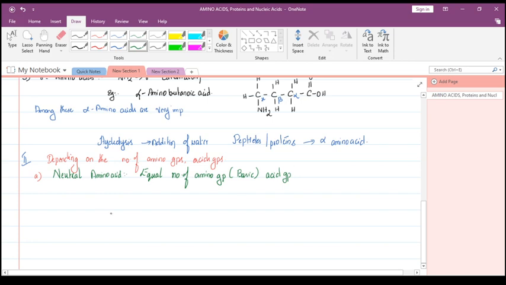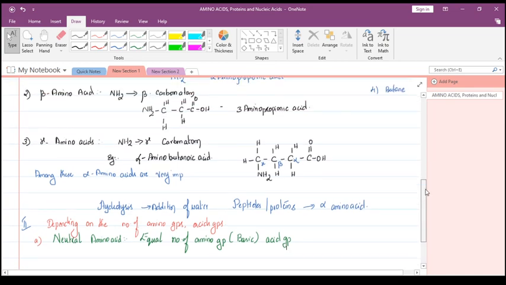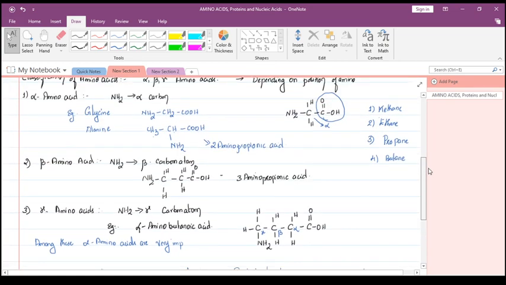From the previous examples we can say what the examples for neutral amino acid are. Glycine has only one acid group and one basic group, so it is an example. Another one is alanine, which also has one basic group and one acidic group, so this is also an example for neutral amino acid.